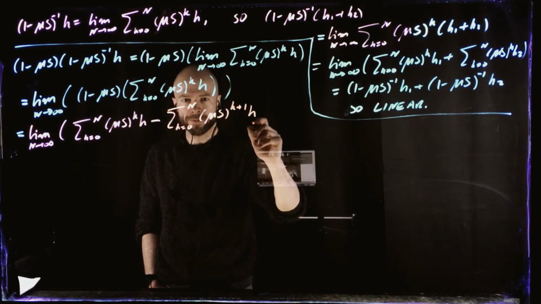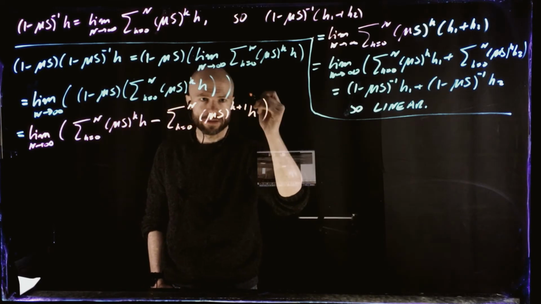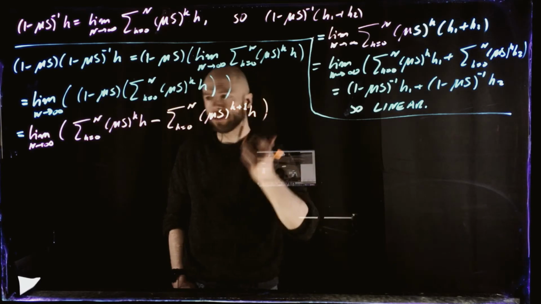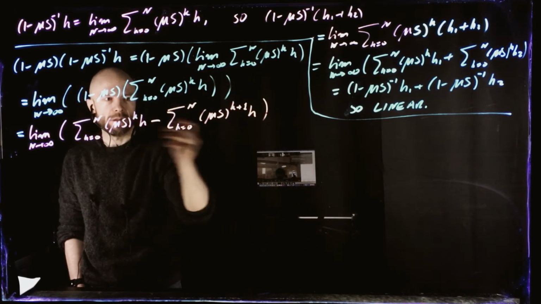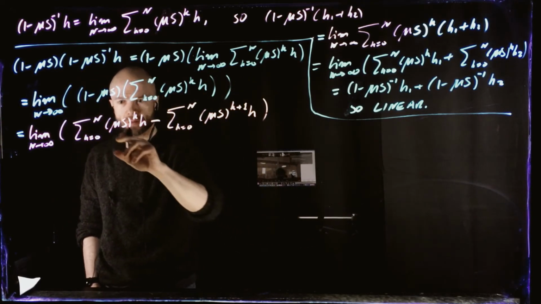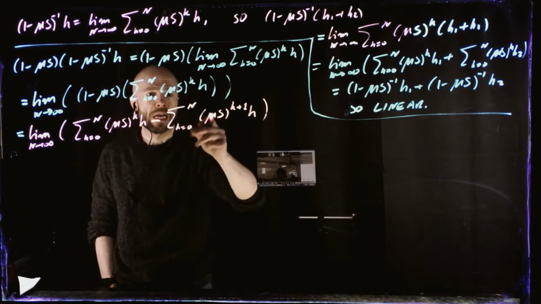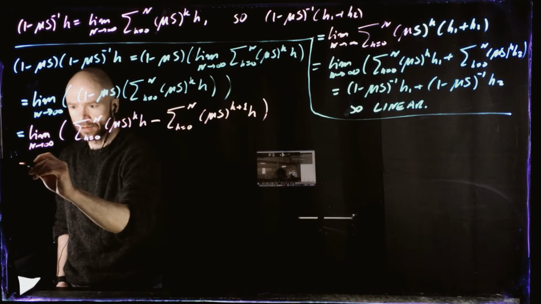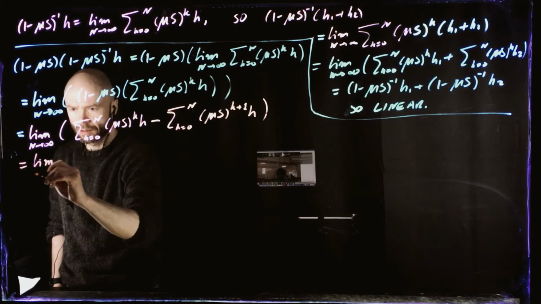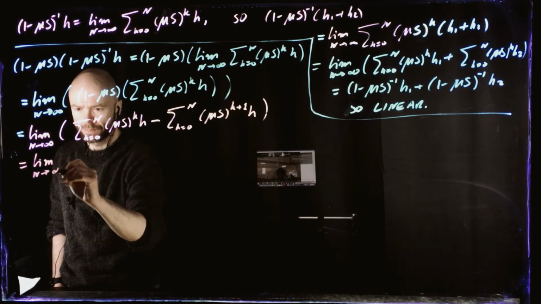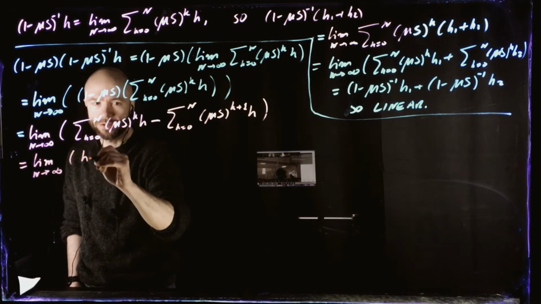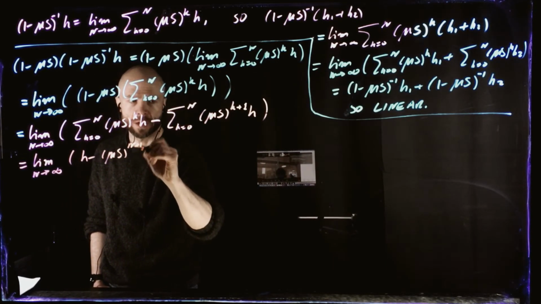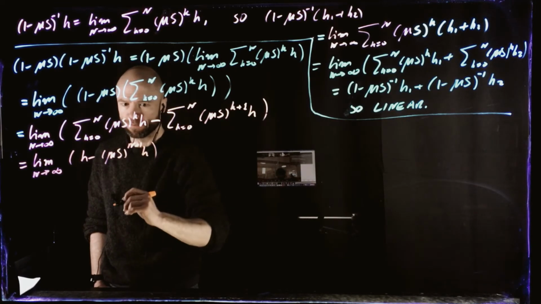Yeah? And then it's like this truncating, telescoping series stuff we do in calculus. We'll have a whole bunch of terms that cancel. The only thing that will survive will be when k equals 0 and when k is equal to n in this thing right here. So this will just be the limit as n goes to infinity of h minus mu of s to the n plus 1 applied to h. Yeah?